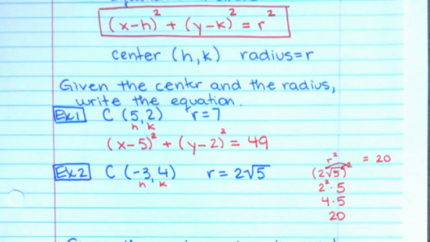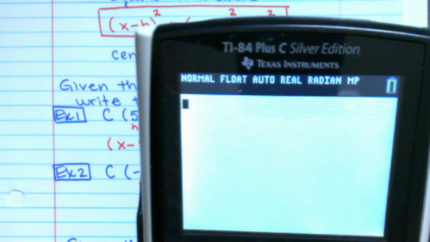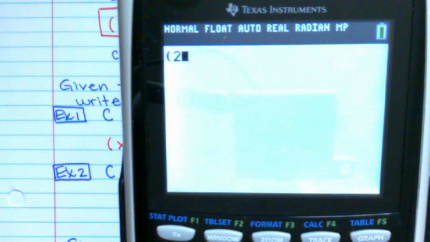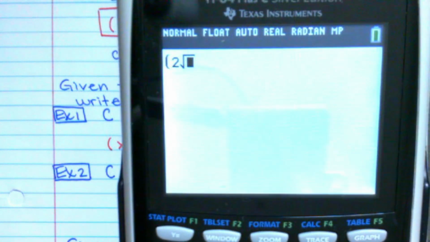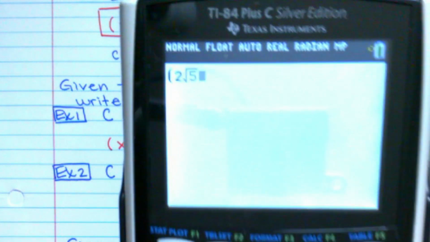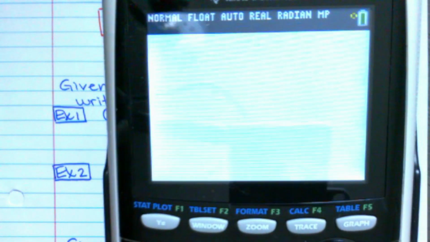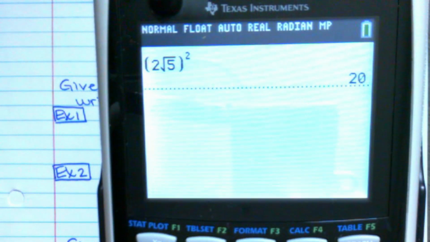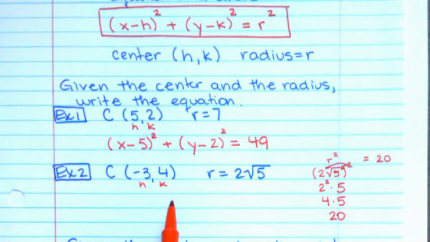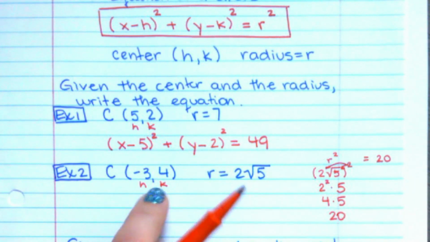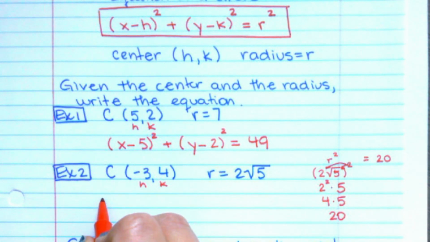All right. If you don't want to do that, if you're lucky, you might end up with this pretty answer right here. So you can type 2 square root of 5 in the calculator, and then you square it. The calculator will do the work for you. Okay? All right. So now that I have R squared, I have H and K. Let's go ahead and write the equation of the circle.